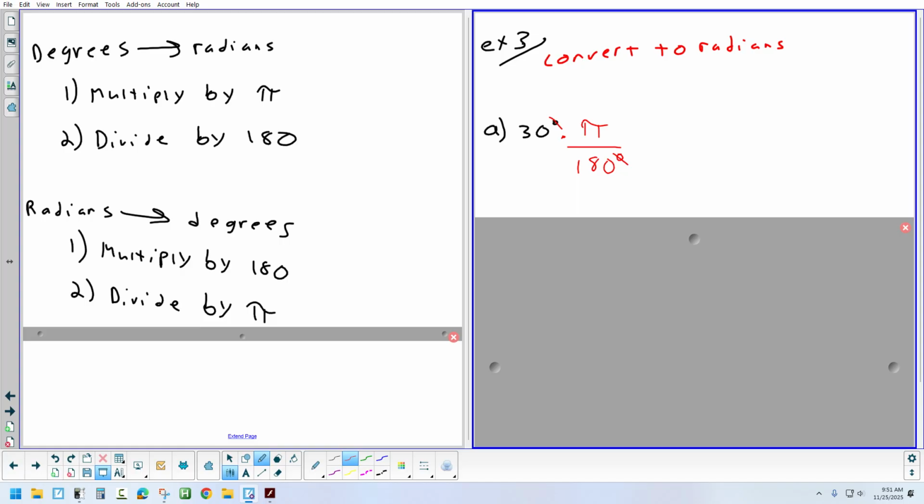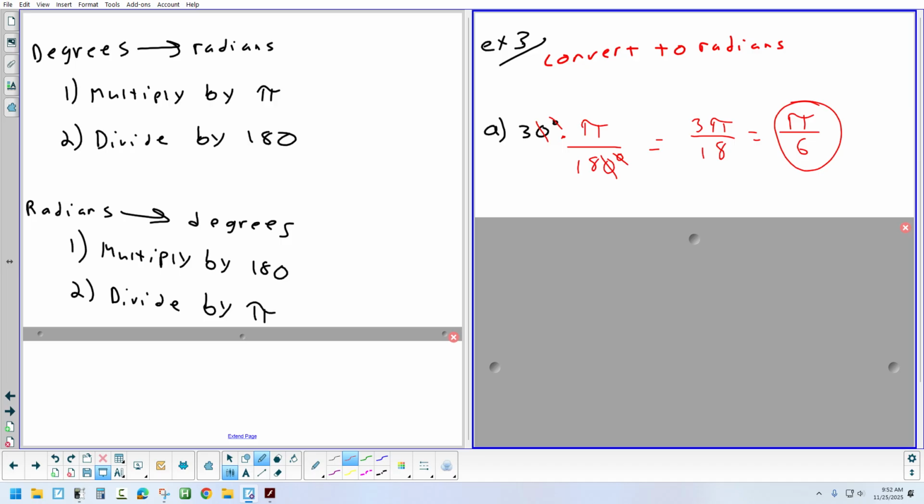Degree symbol cancels out, and you're left with, if you reduce that, partially reduced, you get 3 pi over 18. Or when you fully reduce, how many times does 3 go into 18? Yep, 6. And that's how you write 30 degrees in radians.